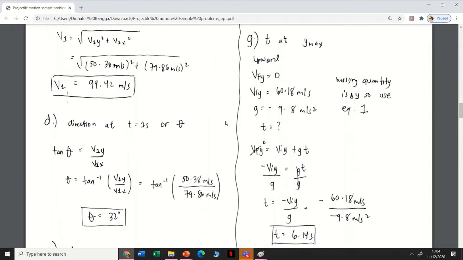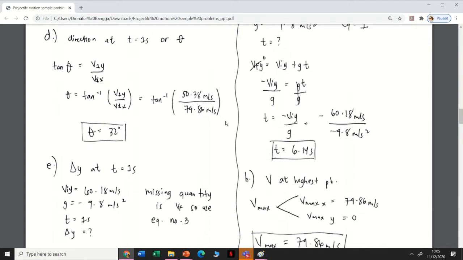To do that, we're just going to transpose the term VIY to the other side, making it negative, and then cancel out the G to isolate the time, making our working equation negative VIY divided by G. Okay, and then furthermore, substituting our values, we would have here negative 60.18 meters per second divided by negative 9.8 meters per second squared. That would give us the time it would take that object to reach the maximum height, which is 6.14 seconds.